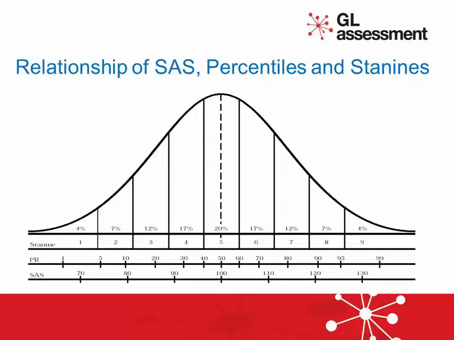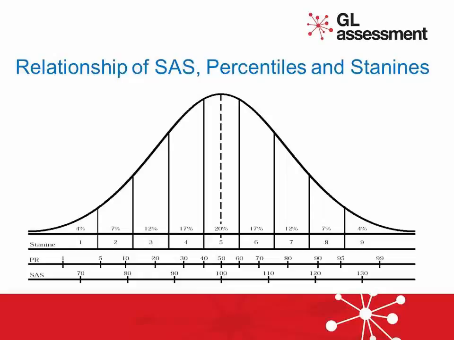At GL Assessment, we use several different standardized scoring systems in order to provide you with a reliable measure of how your students are doing when compared with their peers nationally. However, because PASS is measuring attitudes, and because these are not age-related, the only standardized measure we use is a percentile ranking, shown as a PR on this illustration.